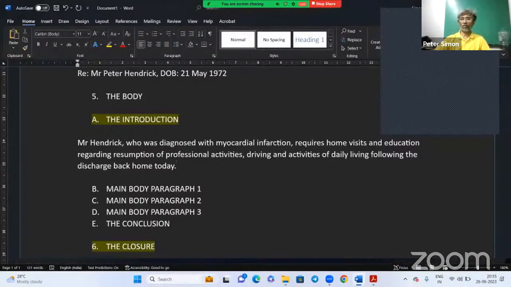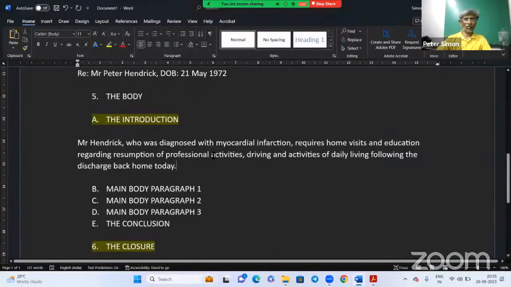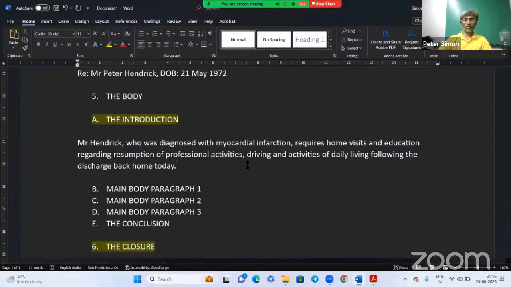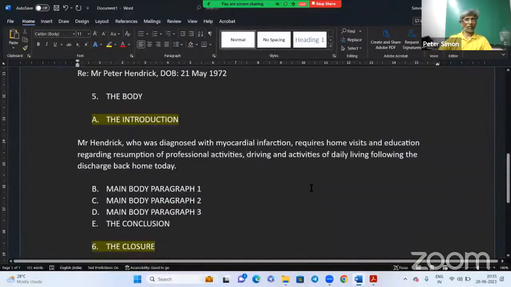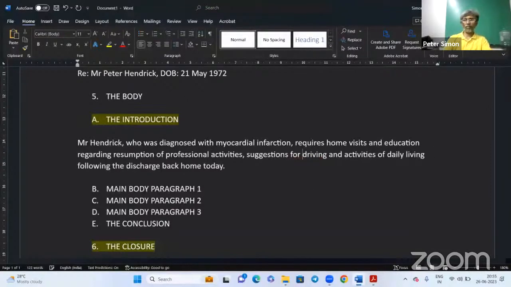Very good. You have given a good point. Resumption of work, driving, and activities. Yeah, resumption of professional activities. Regarding resumption of professional activities, suggestions for driving, and performing activities of daily living.